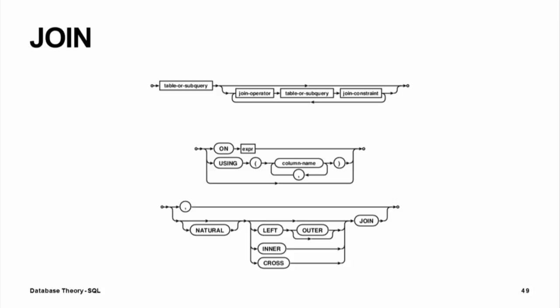So you have your natural joins, and you have your left and right joins, outer joins, inner joins and cross joins. And all of them move back to what I was talking about yesterday when I was talking about those equi joins and theta joins.